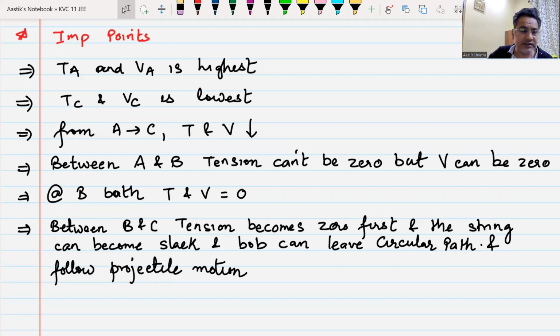Where is the tension highest? At which point is the tension highest? Do we remember at which point is the tension highest? No one remembers it? Okay, I'll give you 5 minutes. Go through this so that we can go ahead. Let me know once you are done.